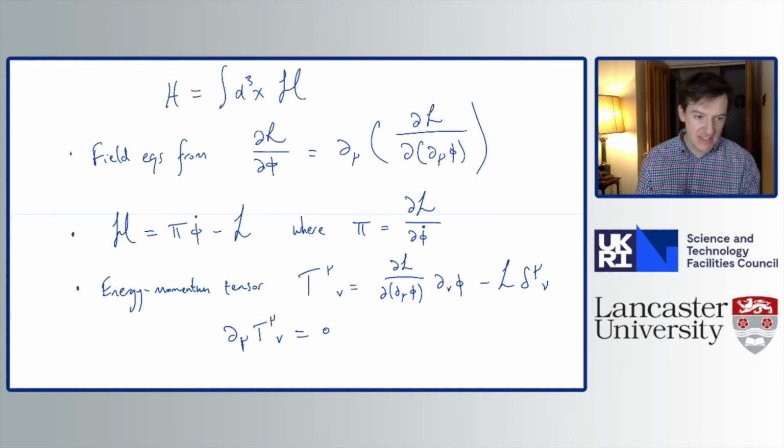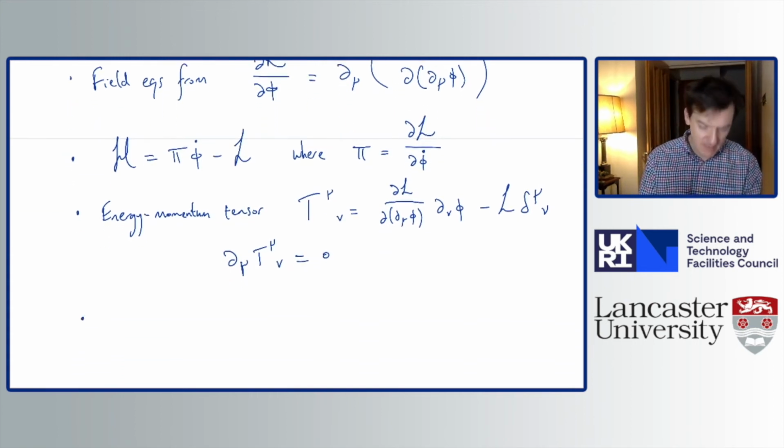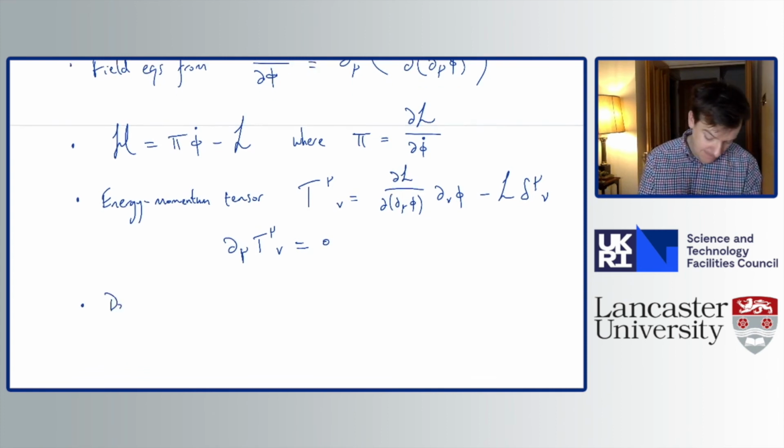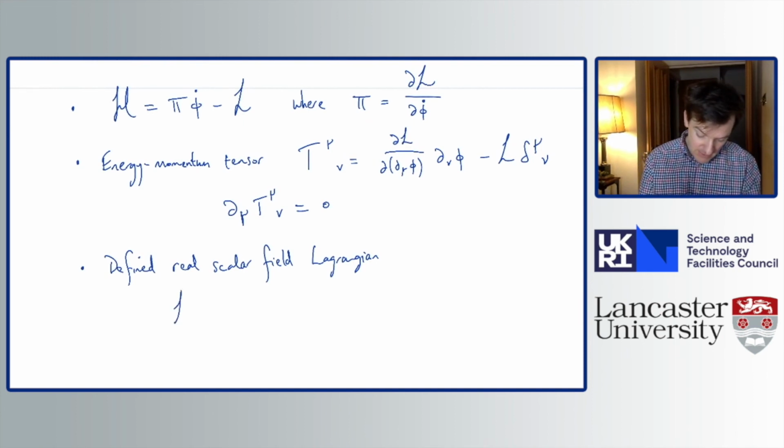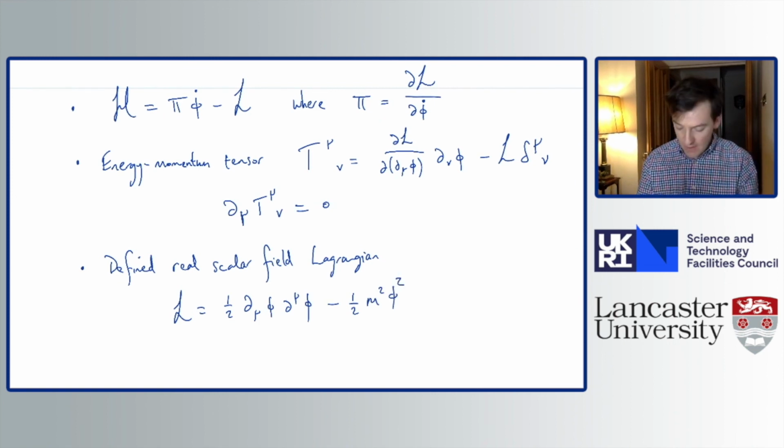Then we looked at a specific example that we're going to look at in much more detail. We defined the real scalar field Lagrangian. The Lagrange density is a half (partial mu phi)^2 minus a half m squared phi squared.